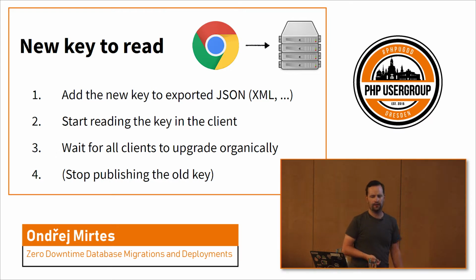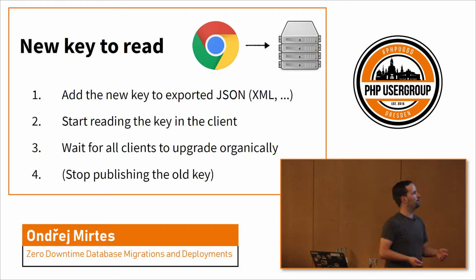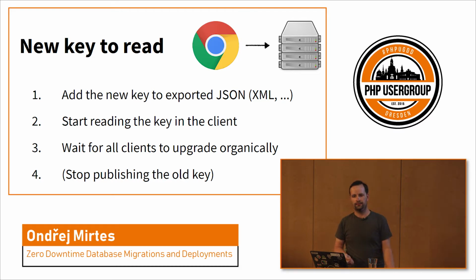So if you want new clients to have some new capability, you can add a new key to your exported JSON or XML, or whatever your API uses. You can start reading the key in the new client, and then you can wait for all clients to upgrade organically when, for example, they restart their operating system, or they just close and open their browser again.